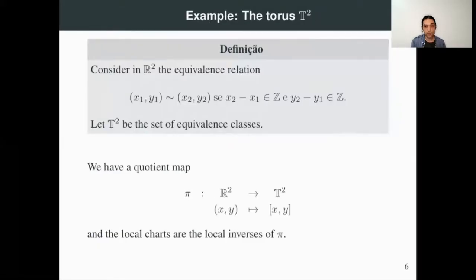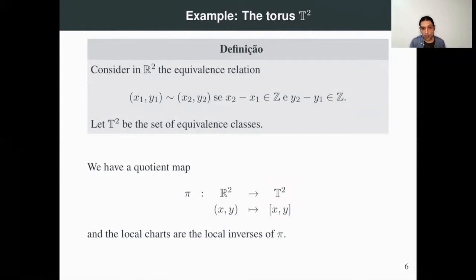We have a natural quotient map, pi, that sends a point of R2 to its equivalence class. And indeed, we can use this map to give a topology on the torus. This topology is the one in which a subset of the torus is open if the preimage is open. That's what's called the quotient topology.